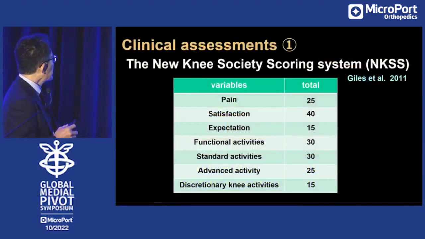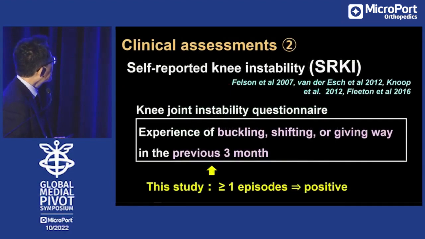We assessed the New Society score, NKSS, for clinical assessment. And we also evaluated self-reported knee instability, SRKI. This assessment uses a questionnaire asking about the experience of buckling, shifting, or giving way in the previous 3 months.